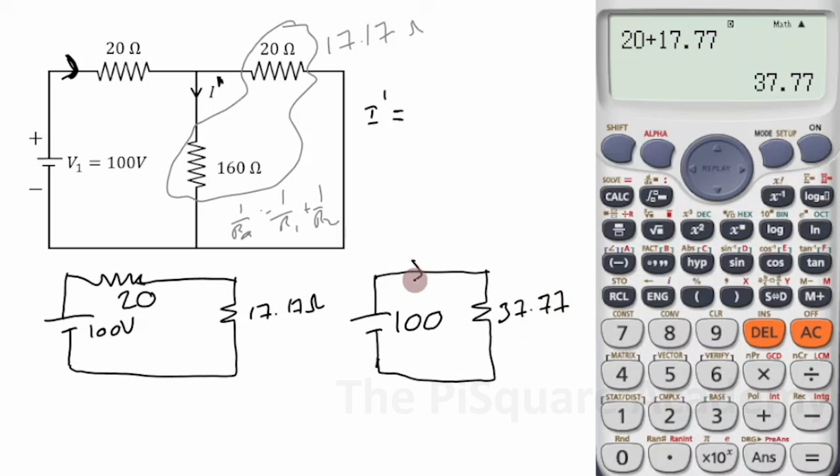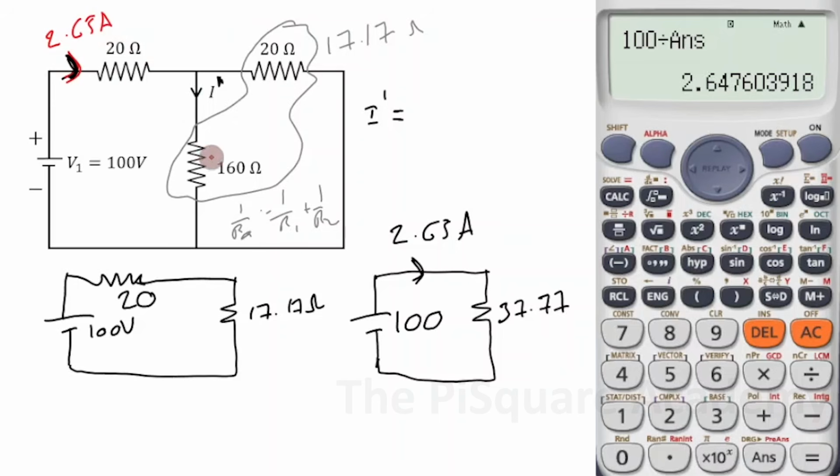Now current in this is how much? 100 by 37.77 gives 2.65 ampere. This is the current delivered by this source.